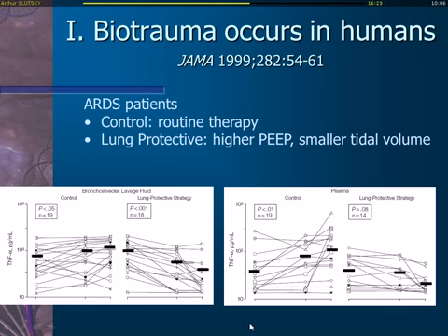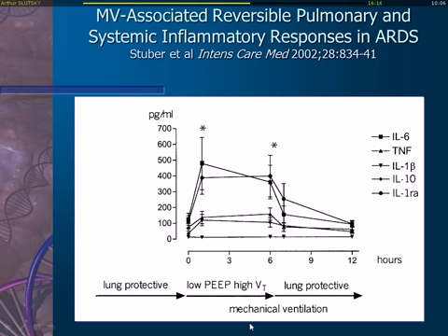This is now patients with ARDS. Now, we weren't the only ones to show this. This was published a few years later by Stuber and colleagues looking at patients. And they did a very nice study. And I think what was nice about it is the time frame that they used. So they used a lung protective strategy. They then used a lower PEEP and a somewhat higher tidal volume. They did this only for 6 hours.